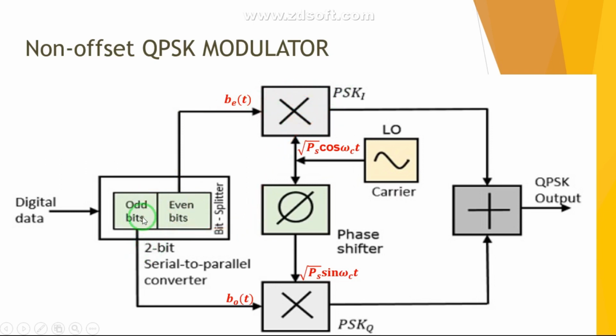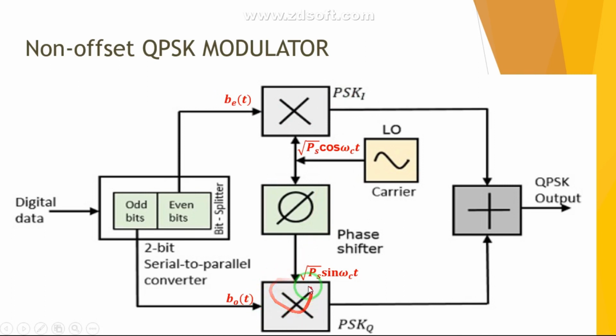Similarly, the odd number of bits, that is 1, 3, 5 and 7, etc., are separated and given to the second multiplier. Again there is a local carrier, the same root PS cos omega CT, given to the first multiplier. The output of this multiplier is S of ET, that is the first BPSK signal.